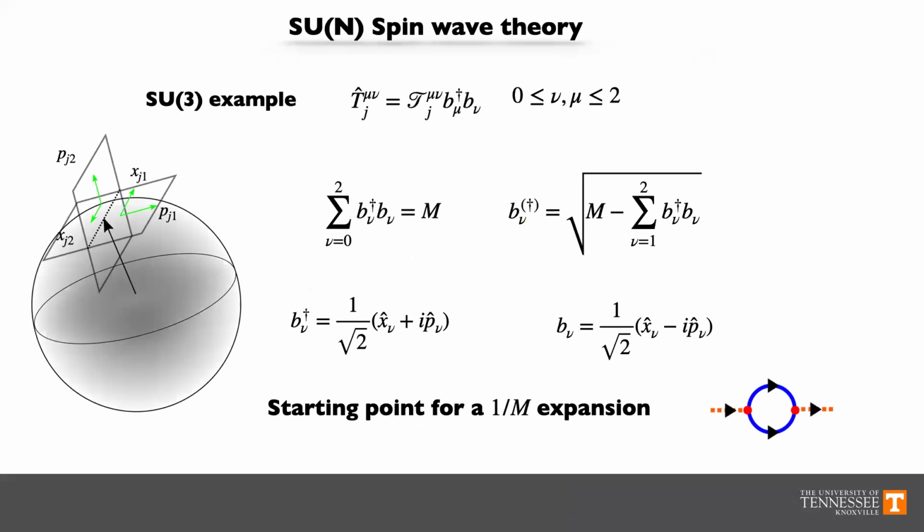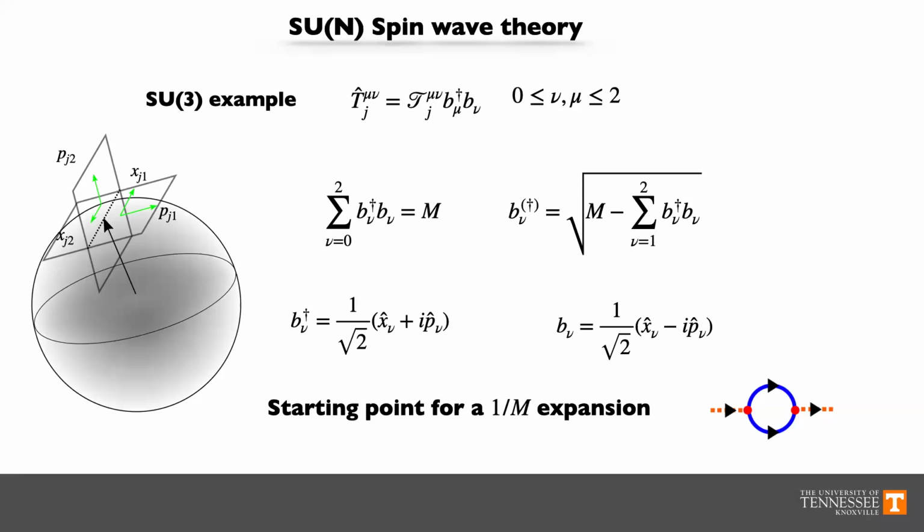But now, because our phase space is four-dimensional, the tangent space is also four-dimensional, and we have one pair of conjugate coordinates and momenta per spin, meaning that now we have two collective modes per spin. One corresponds to oscillations of the dipole moment, the other one to oscillations of the quadrupolar moment.